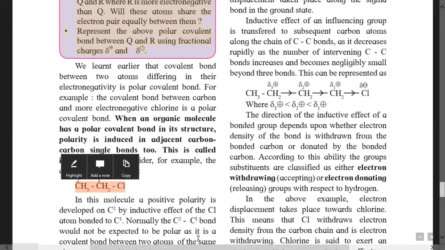Here the carbon 1 and chlorine bond, it is a covalent bond. So we know how covalent bond is formed. This covalent bond is formed by mutual sharing of electrons.